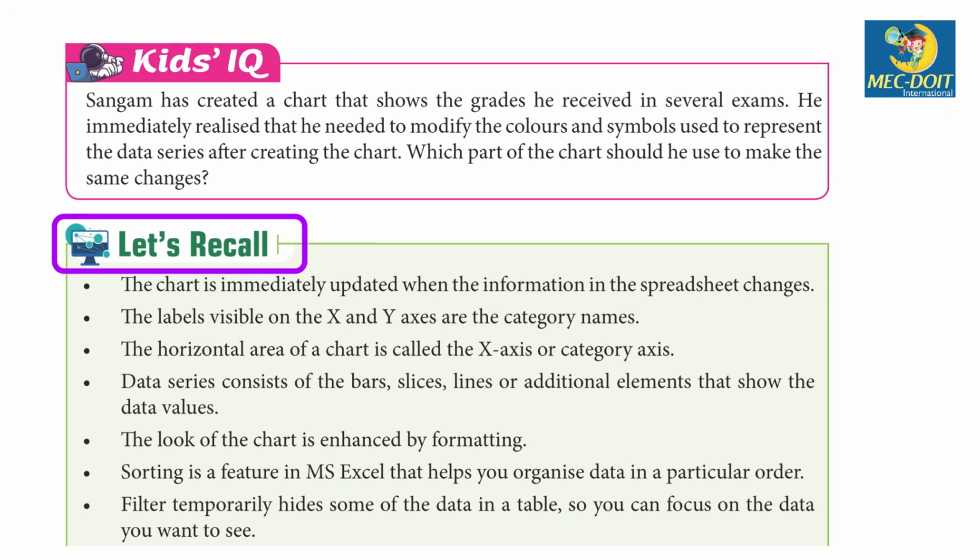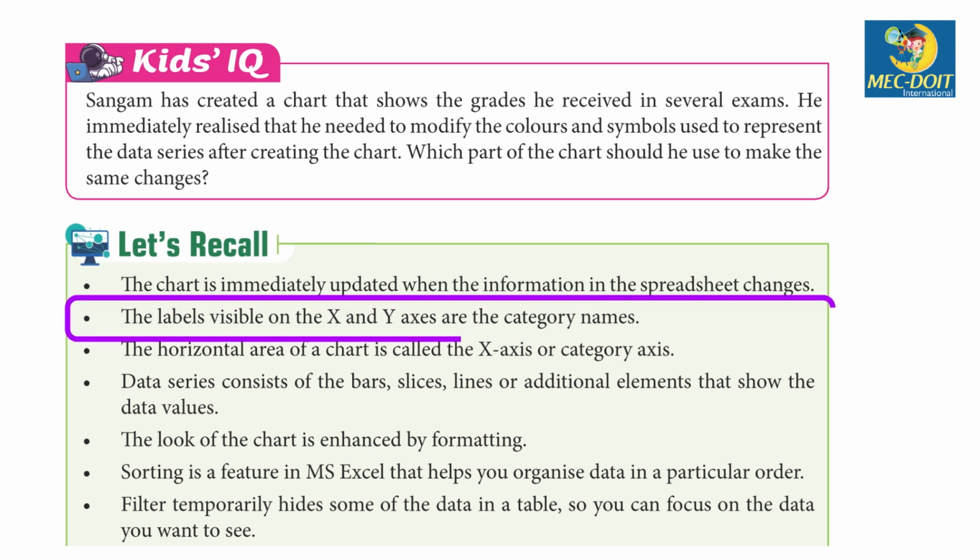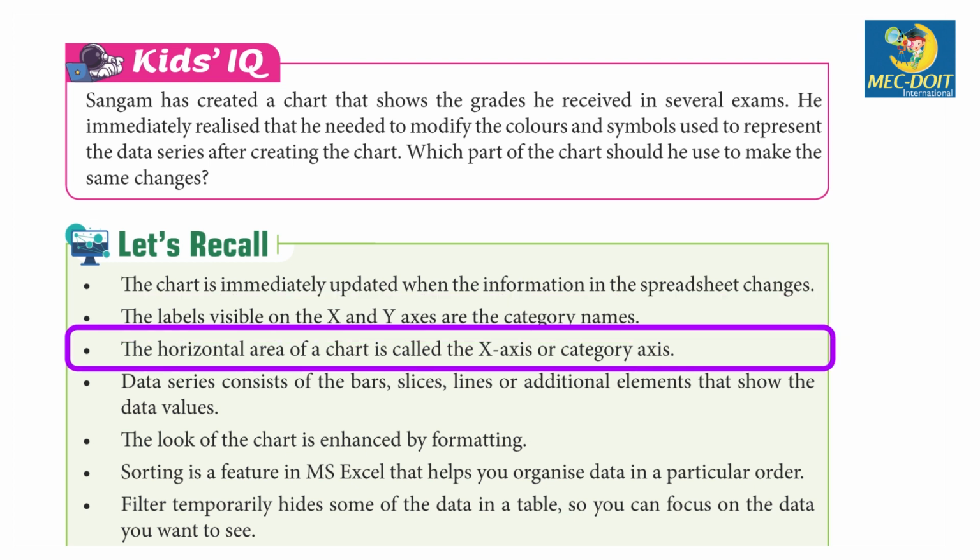Let's recall. The chart is immediately updated when the information in the spreadsheet changes. The labels visible on the X and Y axis are the category names. The horizontal area of a chart is called the X-axis or category axis.